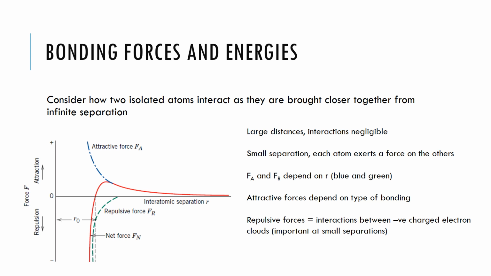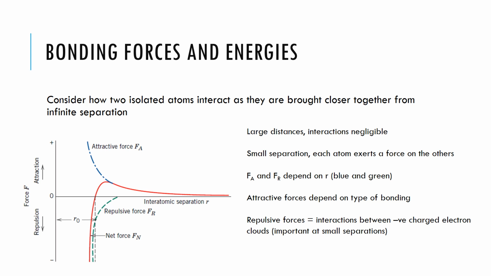And take a look at that graph, which is a plot of the force and interatomic separation. So below we've got repulsion and above we have attraction. At very large distances, I'm starting on the far right-hand side of my graph there, as I bring my hands or my atoms together, they are separated by relatively large distances and interactions are pretty negligible.